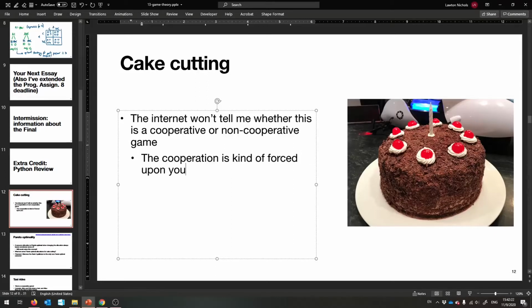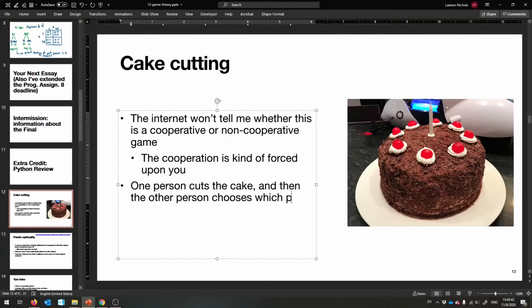So here's the game. You probably played it with your siblings, if you have siblings. So the idea is one of you cuts the cake, and then the other chooses which piece to get. So that's like super fair.